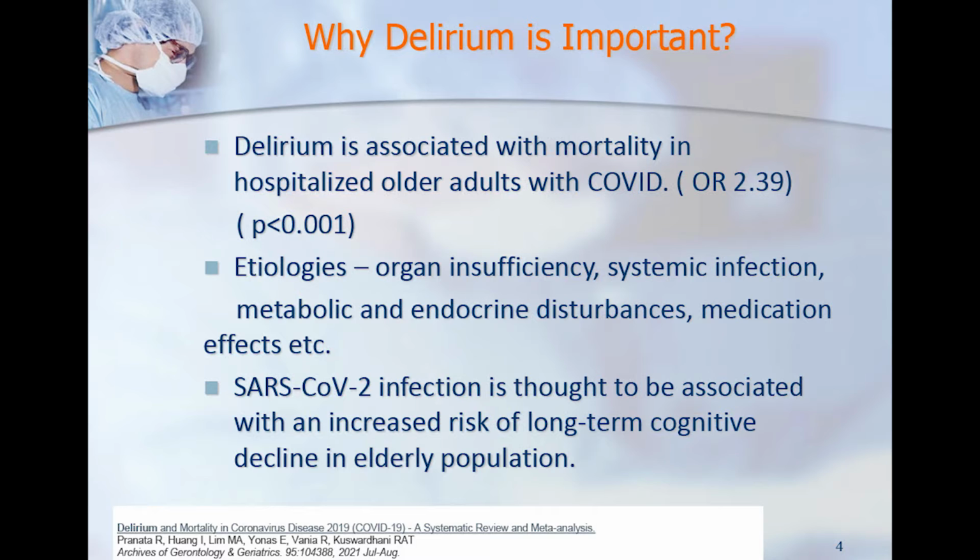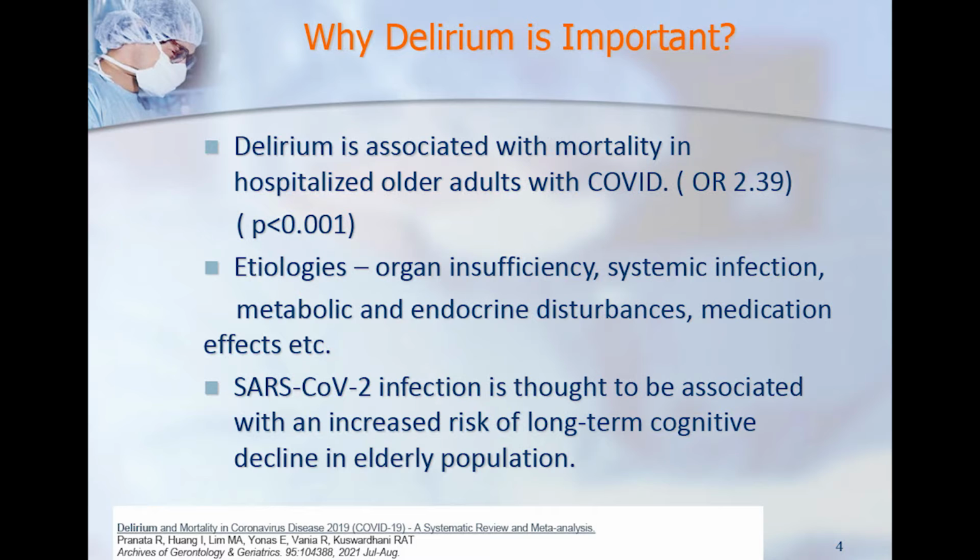It can be from respiratory failure, renal failure, or a systemic inflammatory response, and all metabolic and endocrine disturbances. So acute toxic encephalopathy, plus medication. Some of the medications we use, even dexamethasone, can cause confusion, so there are multiple etiologies.